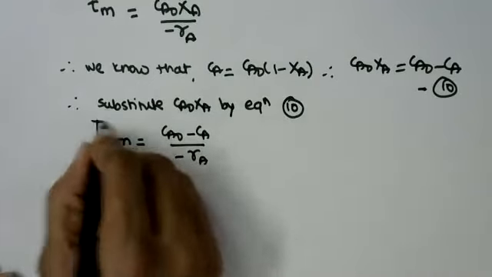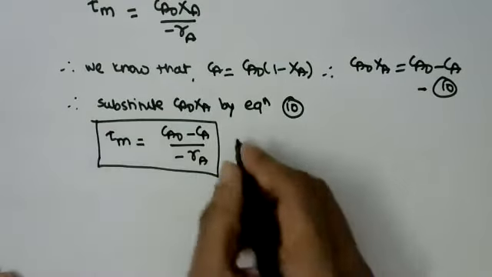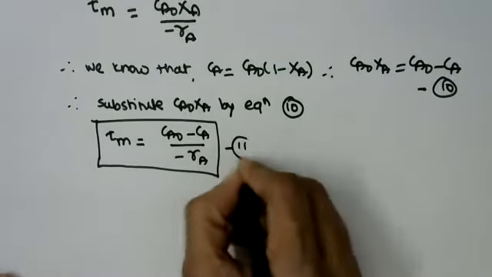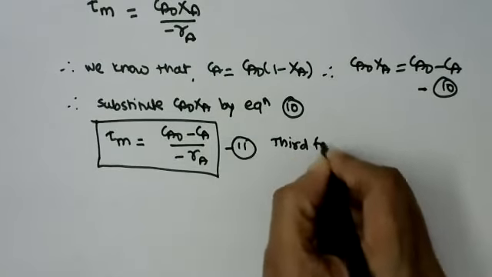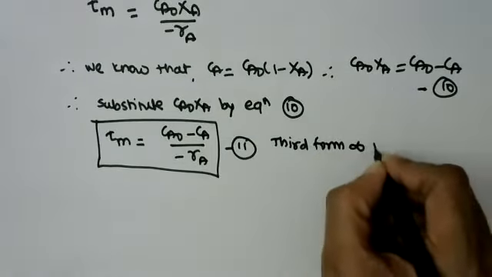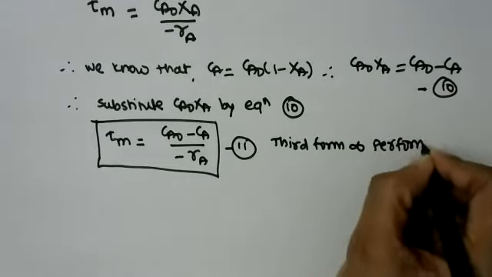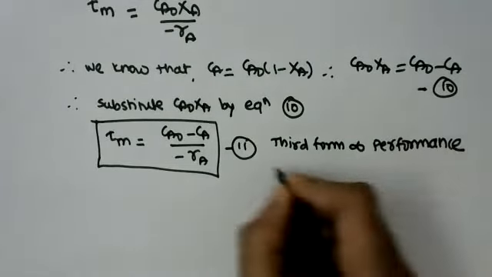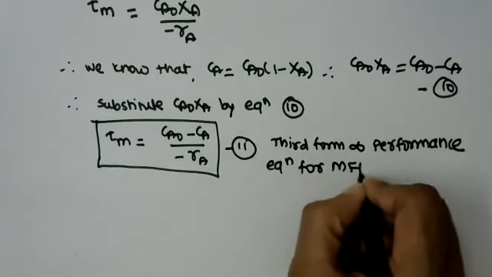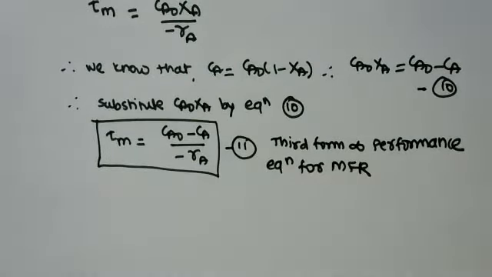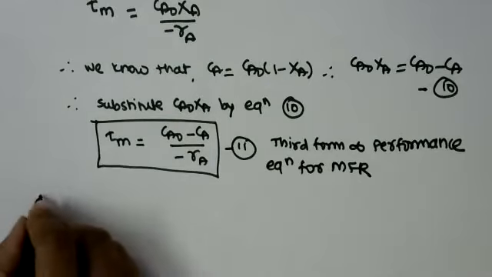So this is equation 11. This is the third form of the performance equation for the mixed flow reactor. If you wish, we can write all the equations at a time.